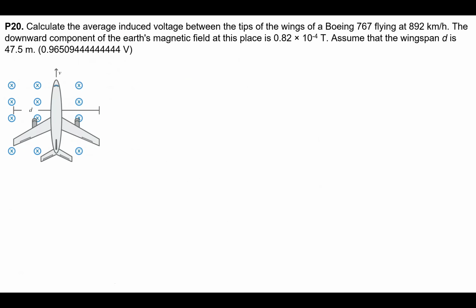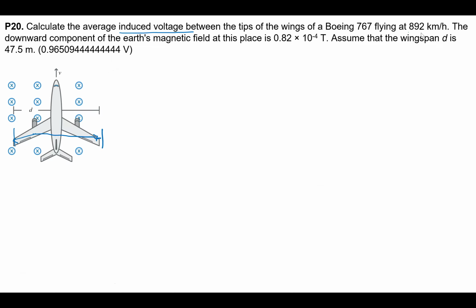And similarly, we can extend our viewpoint from the rod to the airplane. Calculate the average induced voltage between the tips of the wings. Here, the airplane is moving this way, and we want to find the voltage difference between the wingtips.